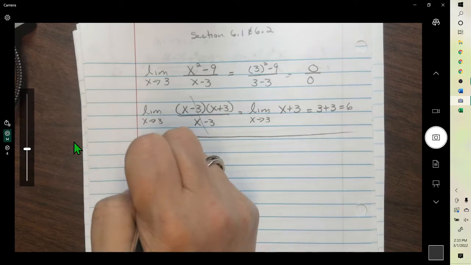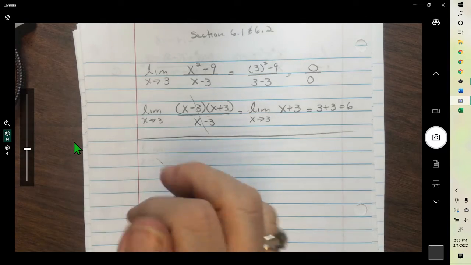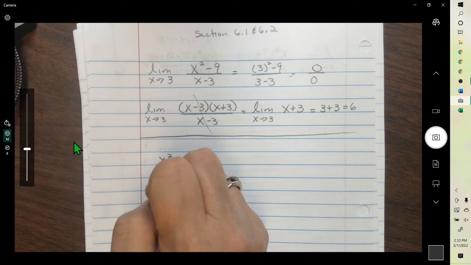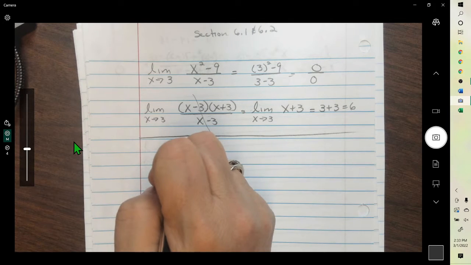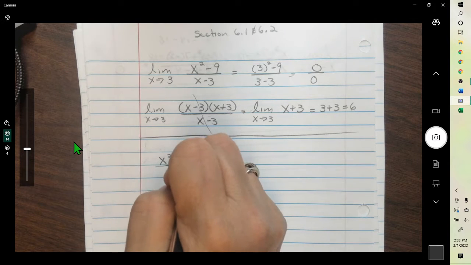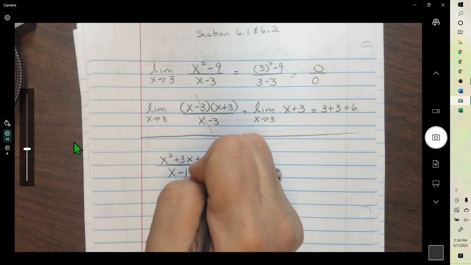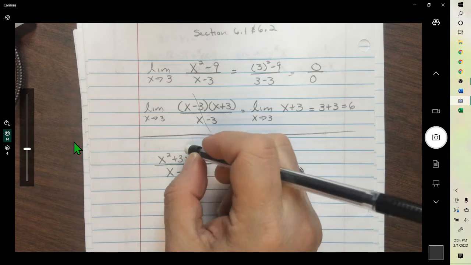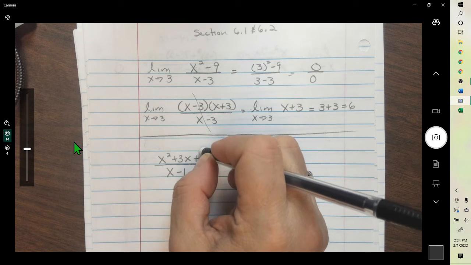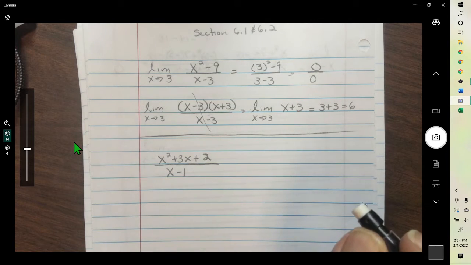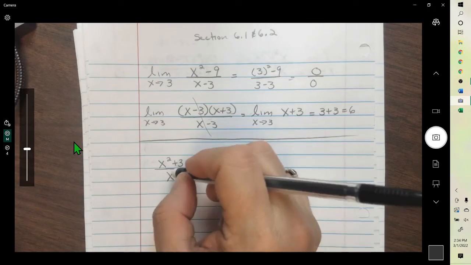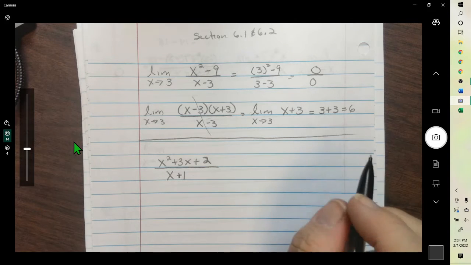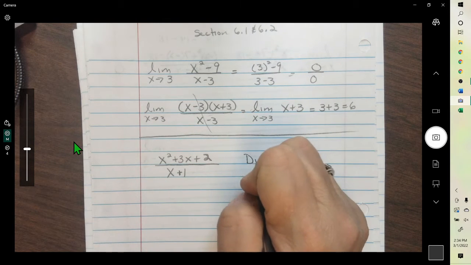So if we look at x squared plus 3x plus 2 over x plus 1, and we want to find out where it is discontinuous.